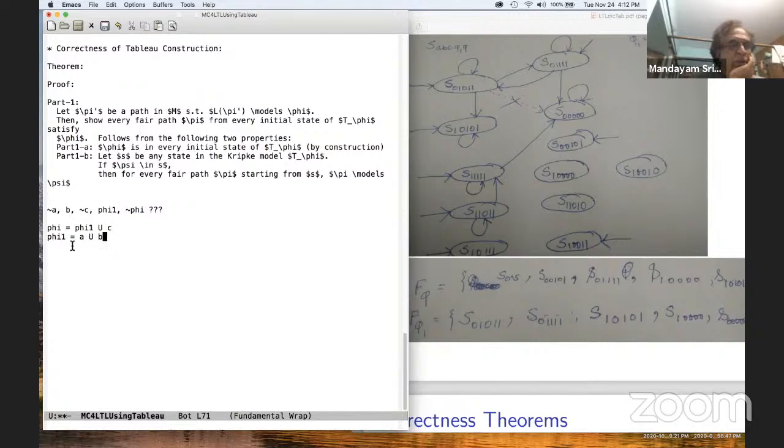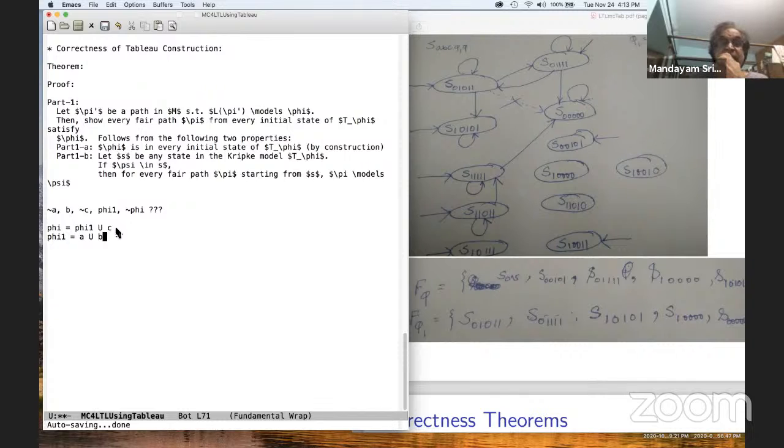So look at this. Phi 1 is supposed to be true here. Since B is true, phi 1 is true, so that is fine. And phi may or may not be true here because it is still preserving, because C is not true yet.